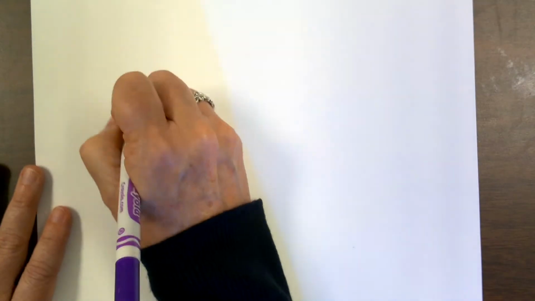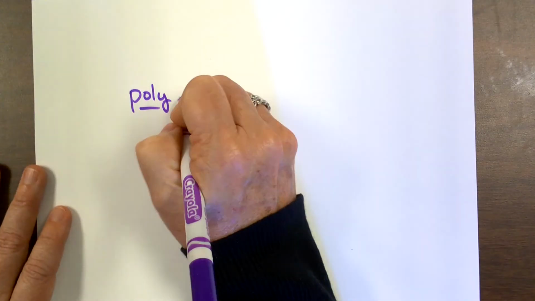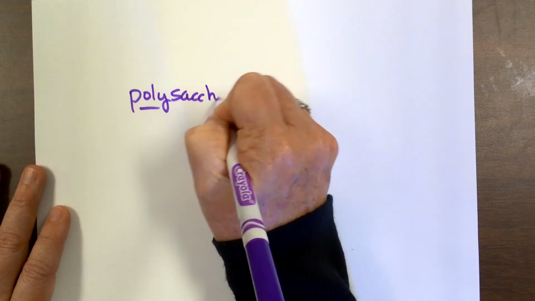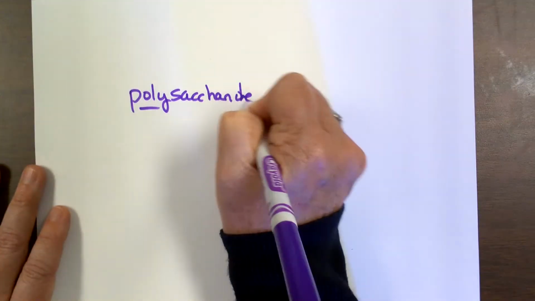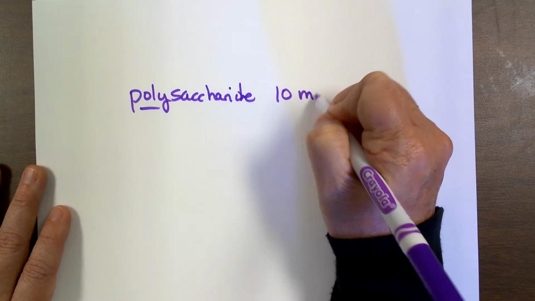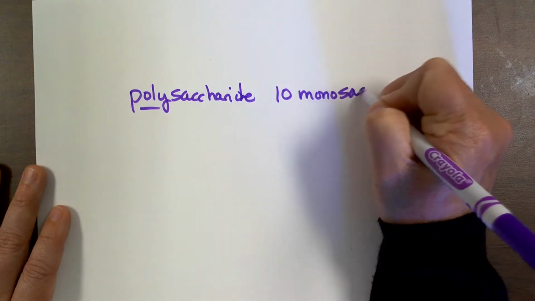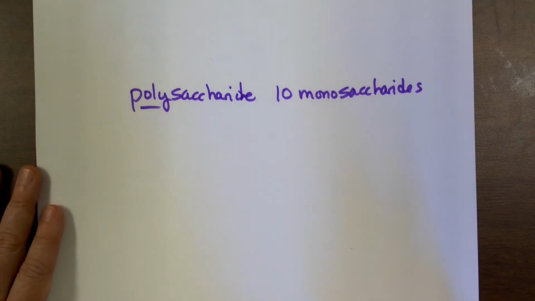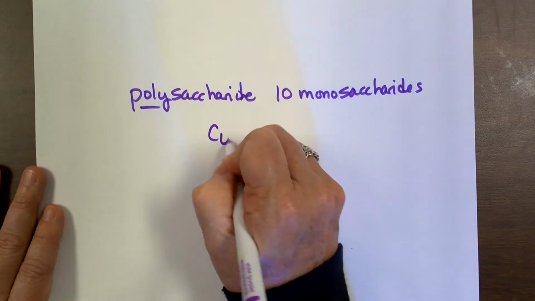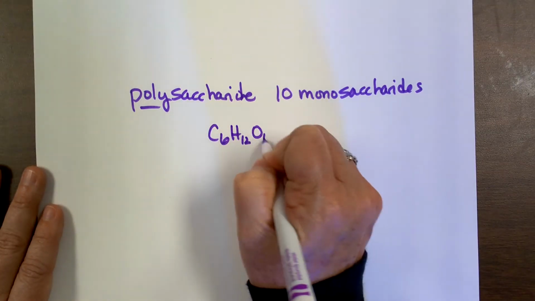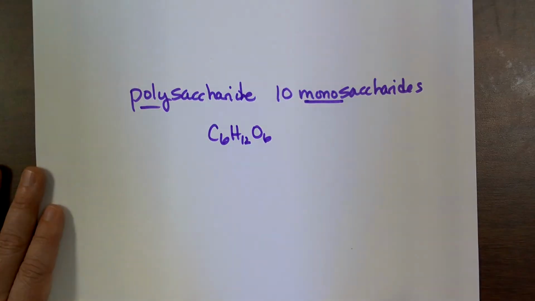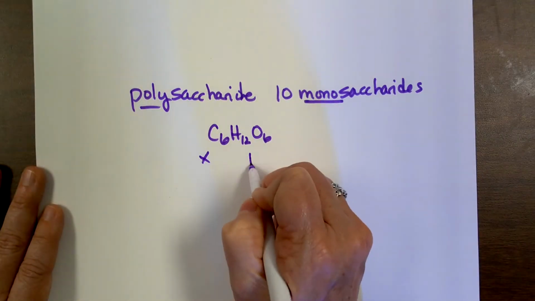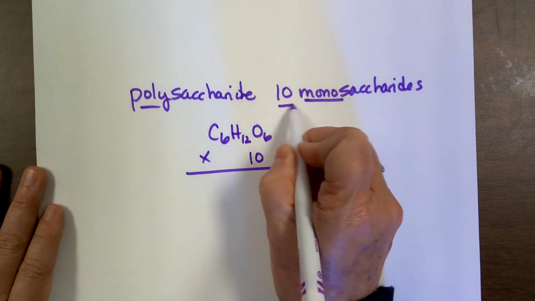So for example, if you have a polysaccharide, which is more than 2 saccharides, that has 10 monomers or 10 monosaccharides, and I needed you to do the math for the chemical formula, you would take a C6H12O6 because that's 1 monomer, and then multiply it by 10 because you have 10 of them.